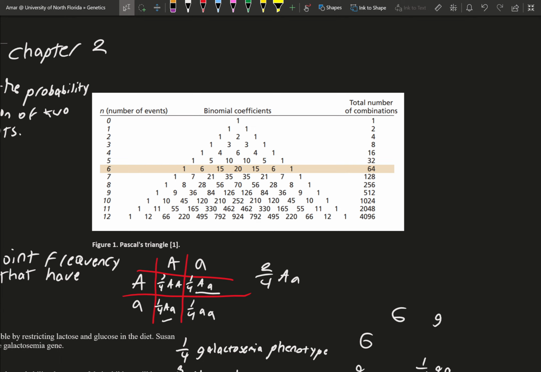The way you interpret this triangle is that, typically, from top to bottom, you have 0 number of events, and then you go from 1 to 2 to 3 to 4. Because we have 4 different children that we're looking at, we're going to be using this 4th row over here.